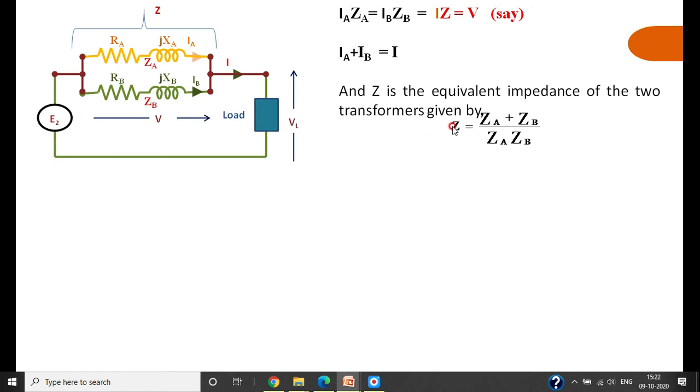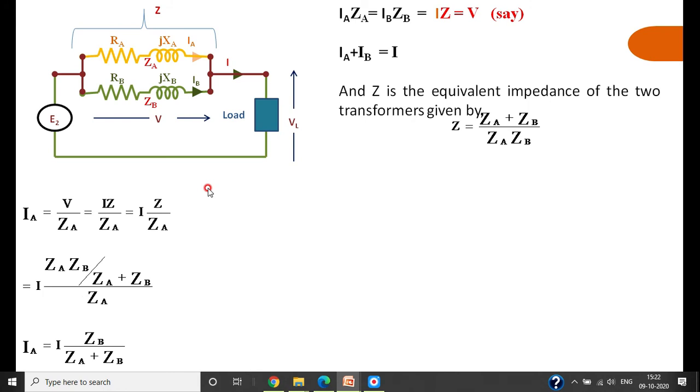Similarly, here Z is equal to ZA ZB divided by ZA plus ZB, the equivalent impedance of this parallel combination.